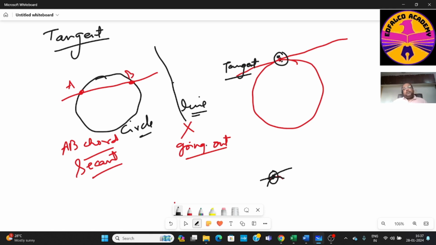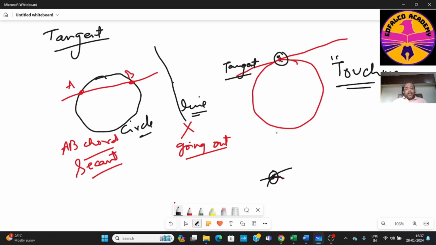So we see that there could be three possibilities. One is the line which is lying outside, the line which is cutting the circle, and the third is the line which is just touching the circle. And this line is nothing but the tangent to the circle. We call it tangent to the circle.